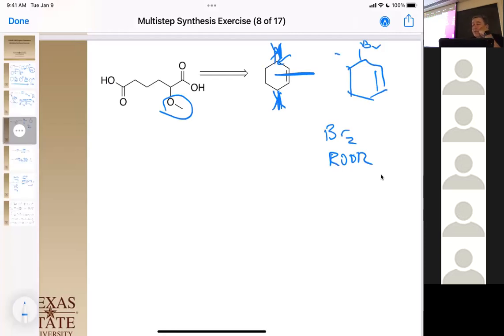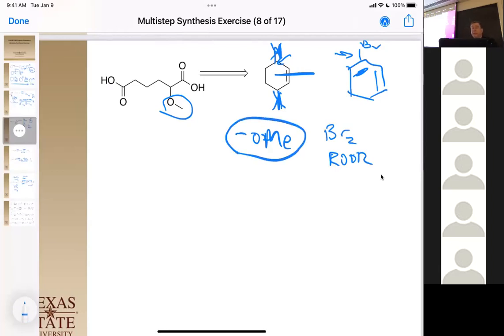Now, this is a good leaving group, and so we just have to attack it with a good nucleophile, here, and oh, it's going to be actually the methoxide. What's the problem with this possible synthesis? Some of your product is going to be the diene, because methoxide can not only act as a nucleophile, but it can also act as a base.